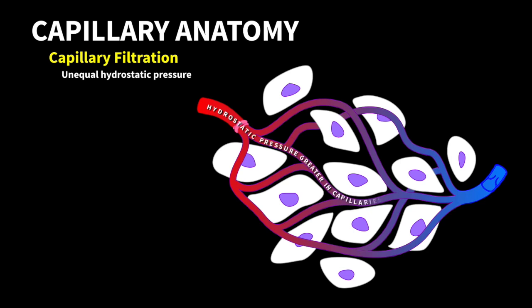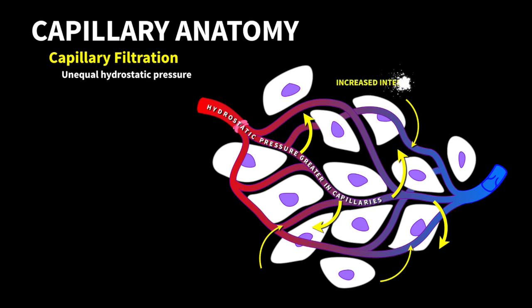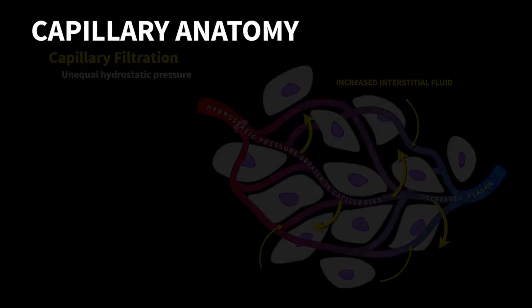While other types of pressure counter the hydrostatic pressure inside the capillaries, they are not as strong as the hydrostatic pressure, and the net effect is a greater movement of water out of the capillaries compared to the return movement of water back into the capillaries. This leads to an increase in interstitial fluid and a decrease in the volume of the blood plasma. This then results in a dangerous problem that needs a solution.